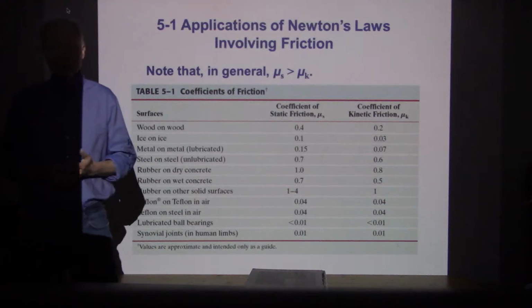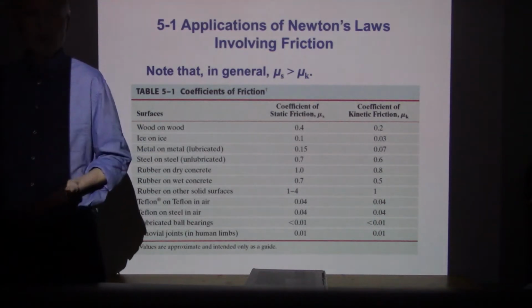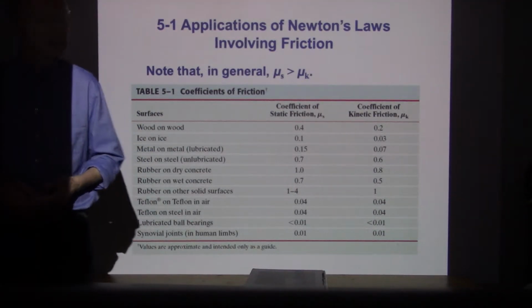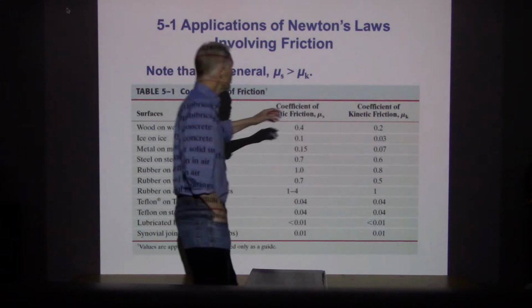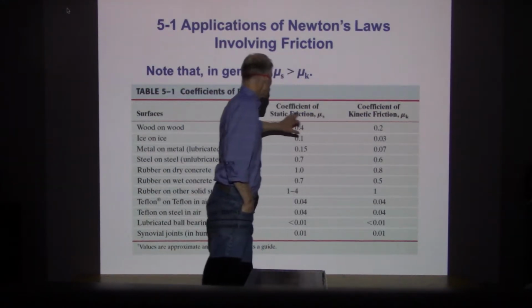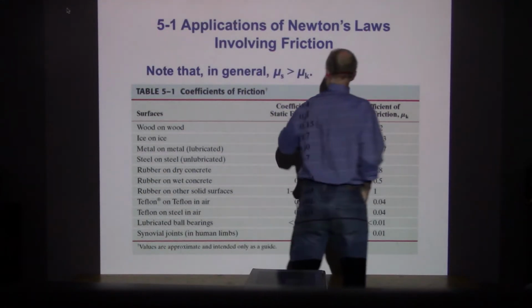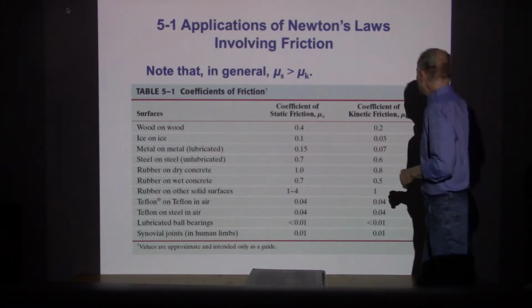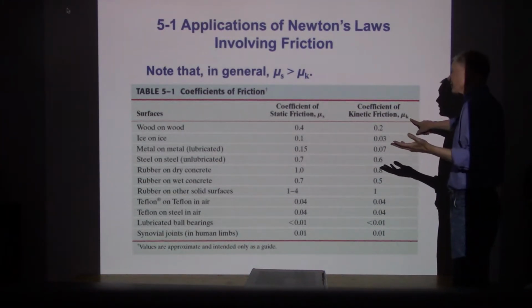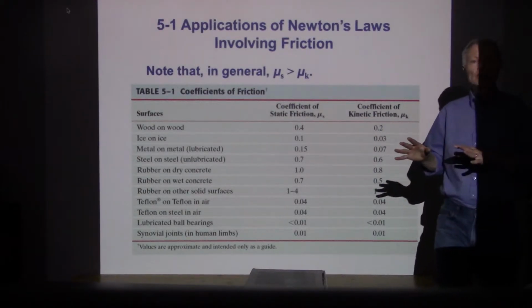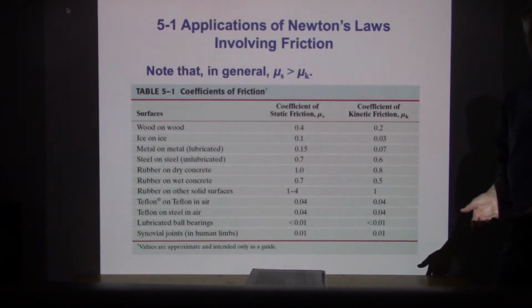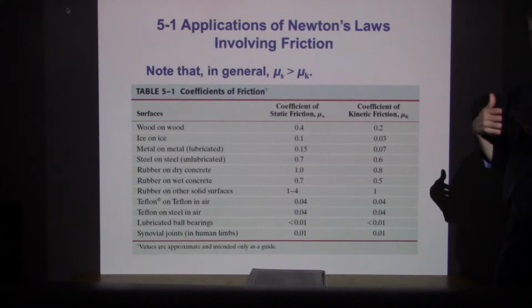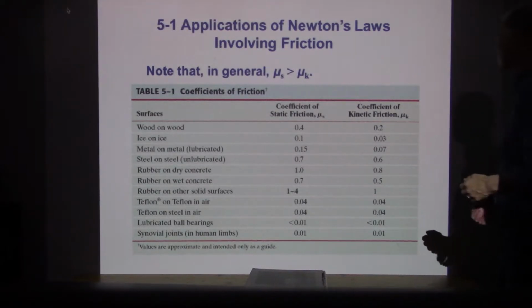And so if you take a look at what we call the coefficients of static friction and coefficients of kinetic friction, here are the two symbols that get used. What we find is that this coefficient of static friction tends to be larger than the sliding. It's more difficult to get something to start sliding compared with making it continue to slide.